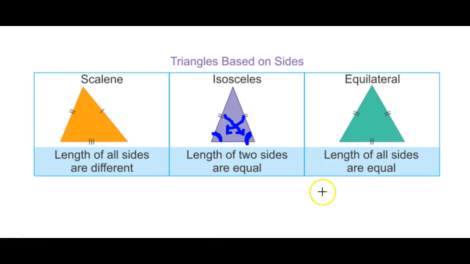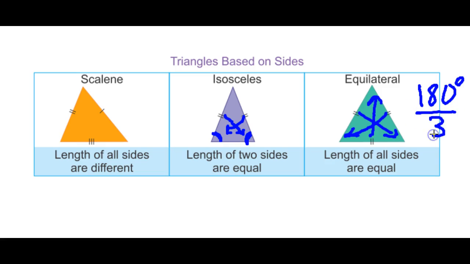And lastly, in an equilateral triangle, if you remember, all three angles have to be equal. That's because if the three sides are equal, then the opposite angles also have to be equal. To find out what any one of those angles is, I just take the total number of degrees that all three angles have to add to and divide that equally between the three angles.